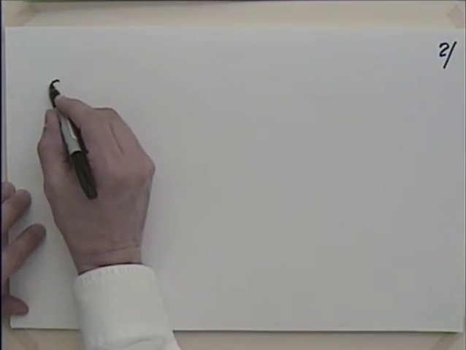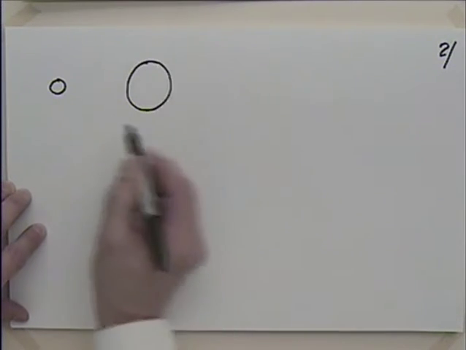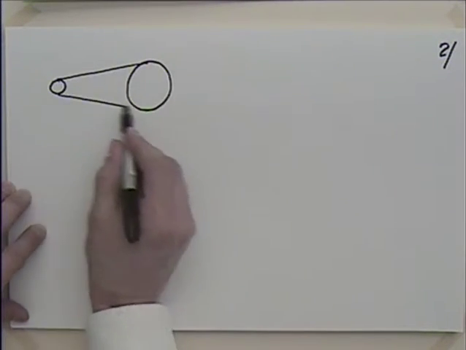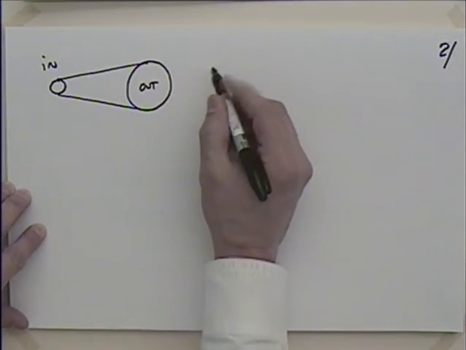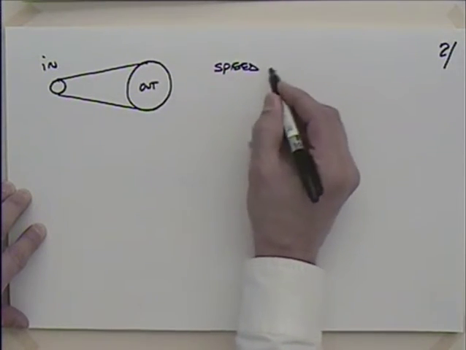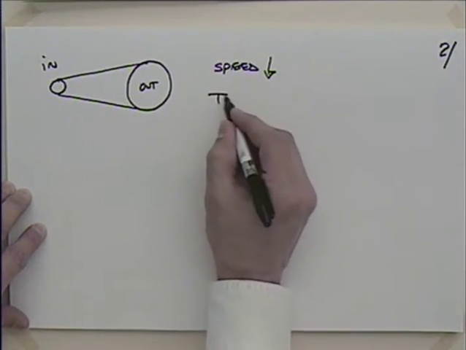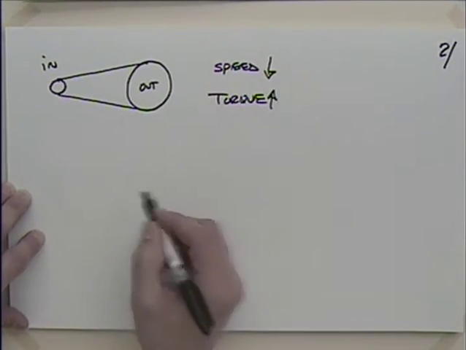If you have a chain or a belt, if you take something like this, and we have a belt here, and this is in and this is out, what's the speed going to be doing? The speed is going to be dropping, whereas the torque is going to be increasing, isn't it?